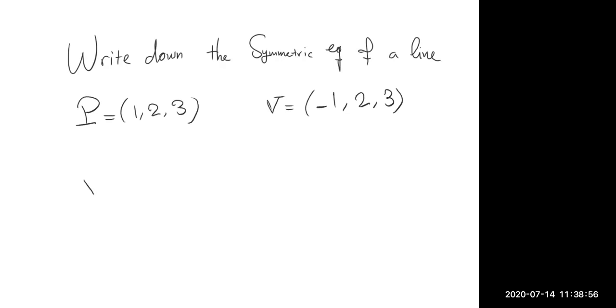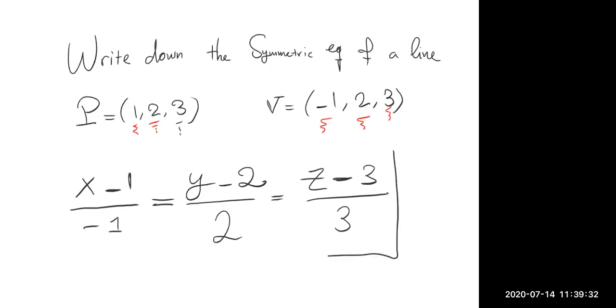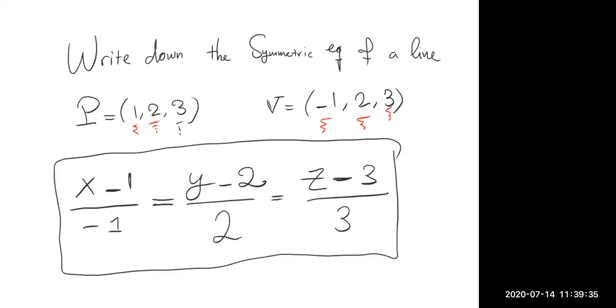Well, it would be x minus the first coordinate of P, which is 1, over the first coordinate of V, which is -1, equal to y minus the second component of P, which is 2, divided by the second component of V, which is 2. It is equal to z minus the third component of P, which is 3, divided by the third component of V, which is 3. This is the symmetric equation of a line.